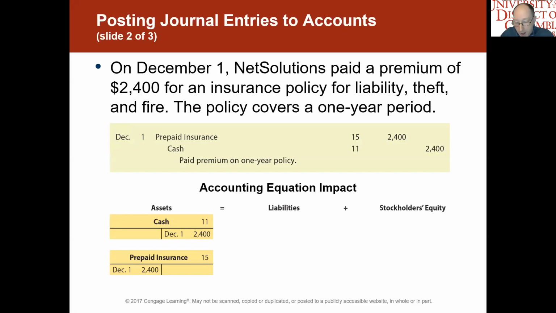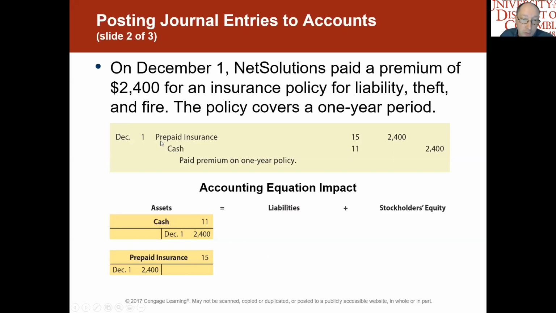In other words, we're paying it before we're going to use it or before we're going to consume it. So on December 1st, the company is going to pay for the following year. This will cover January 1st through December 31st of the next year. So we're going to pay $2,400.